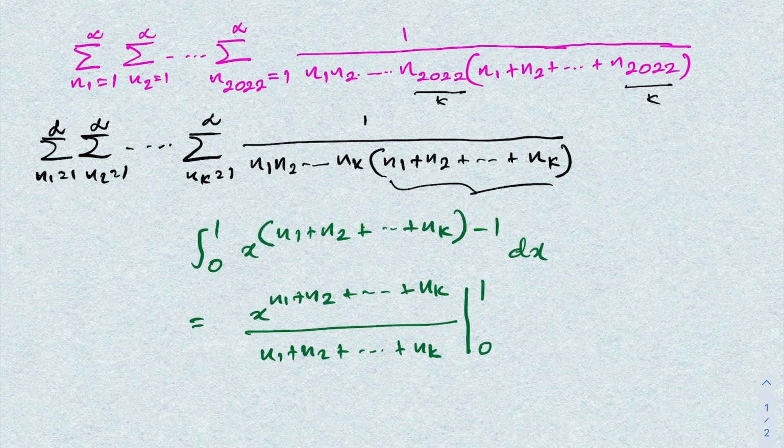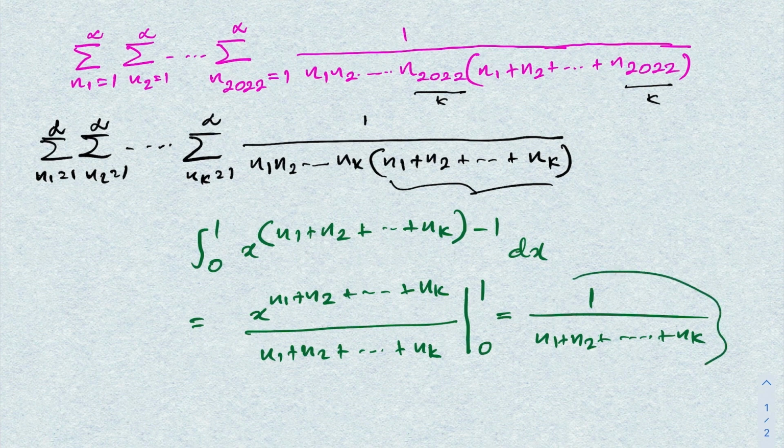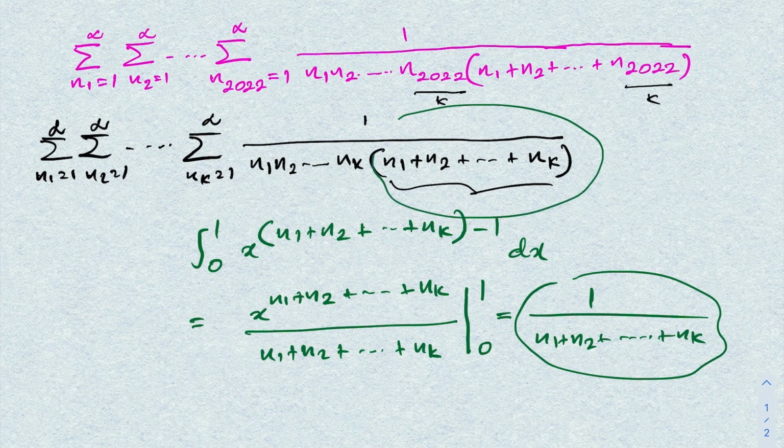Now if we apply the limit, we have 1 over n1 plus n2 plus up to nk. Now here we have also this term. So instead of this part, we can plug in this integral.